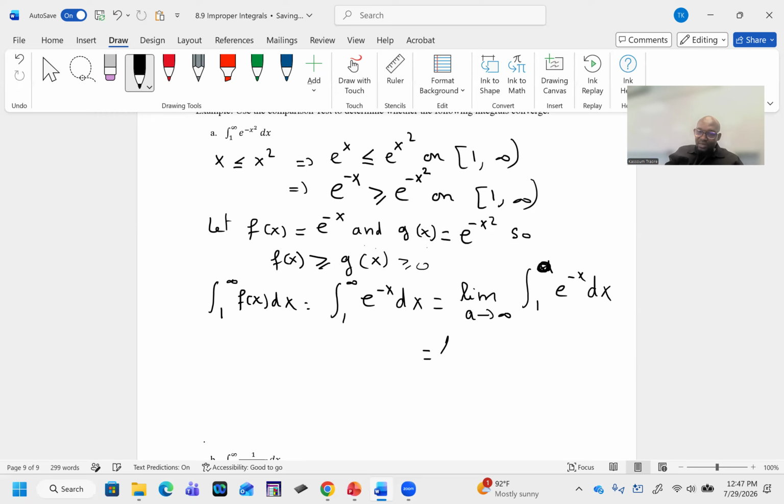So that will give me the limit as a approaches infinity. The entire antiderivative will be negative e to the power of negative x from 1 to a, which would be the limit as a approaches infinity of negative e to the power of negative a, we have already solved a problem like this, plus e to the power of negative 1, right?